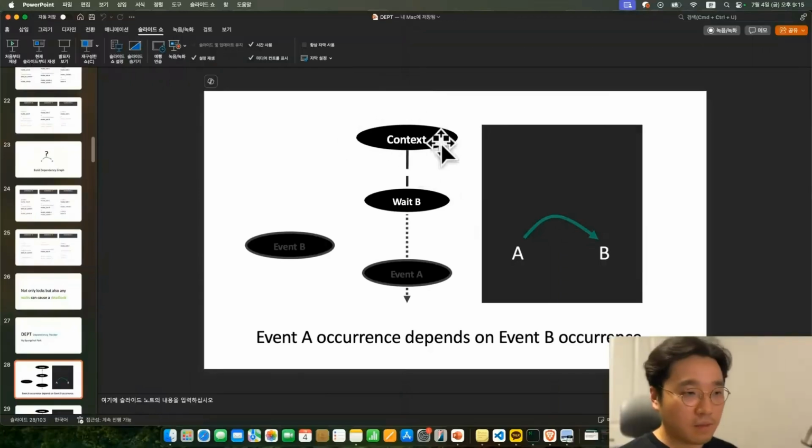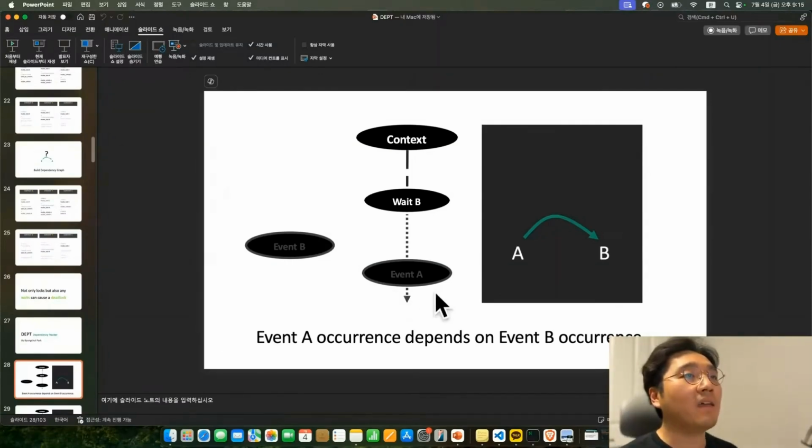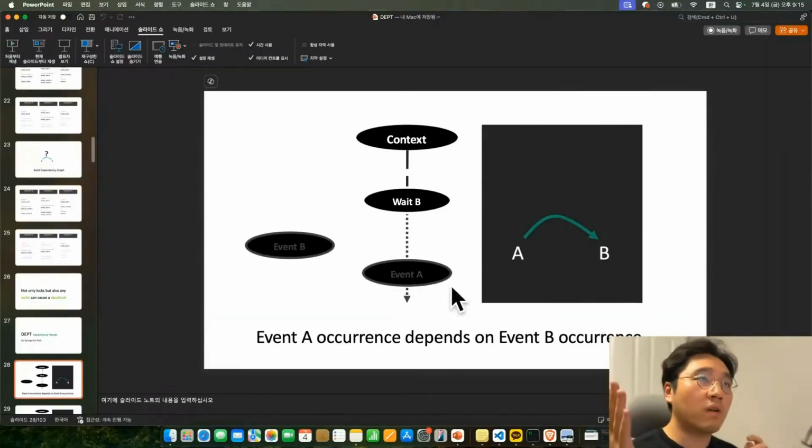There is a context executing the code, as you know. So there is a waiter, right? The waiter wants some event B to occur from another context, and event A occurs after event B occurred.